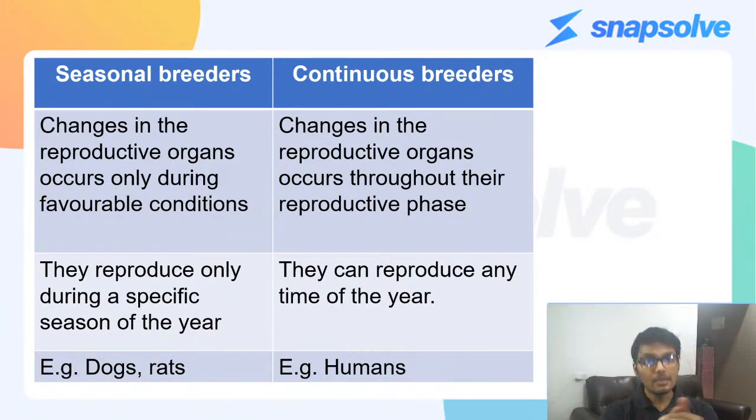Seasonal breeders, the examples are dogs, rats. Continuous breeders, humans. Even dogs and rats have a particular window in which they can copulate, breeding season. Humans are free to do as per their wish. Most of the cases.